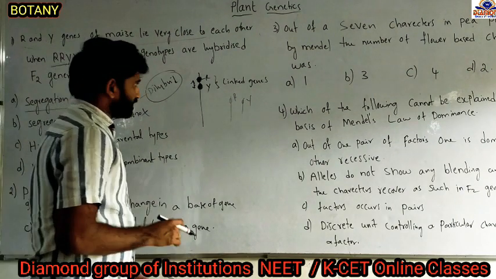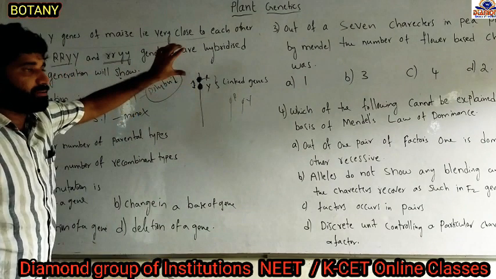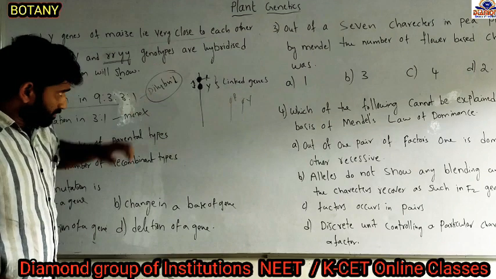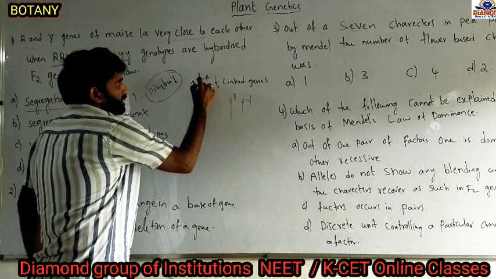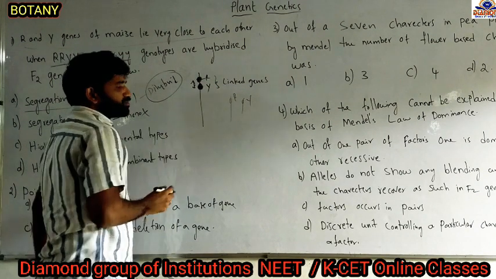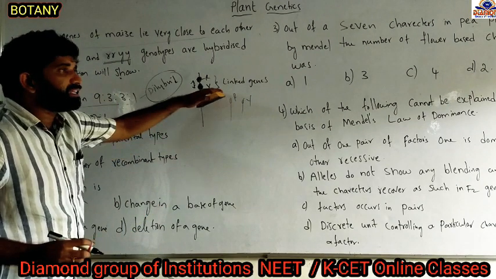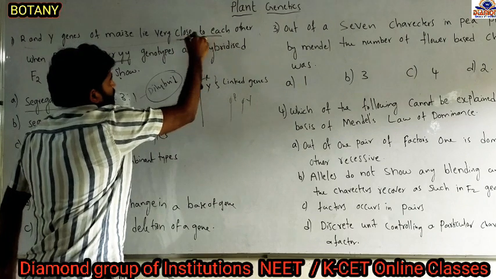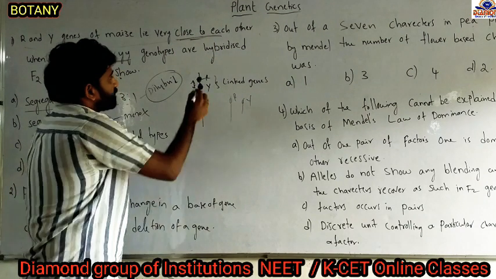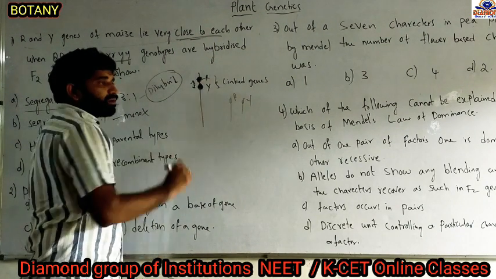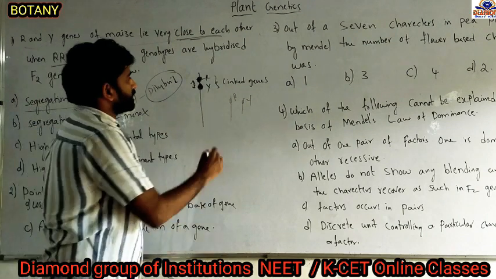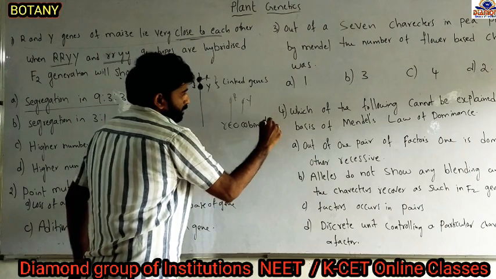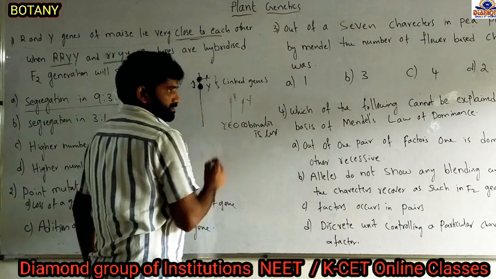Now you should clearly know that recombination depends upon the distance between the two genes on the same chromosome. Here the R and Y genes are present on the same chromosome and are called linked genes. They are present very close to each other. In the linkage concept, when genes are close, linkage is more and recombination is less.